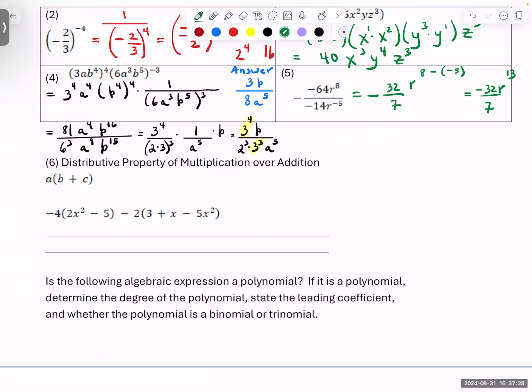Number 6, apply the distributive property of multiplication over addition, or it could be over subtraction.